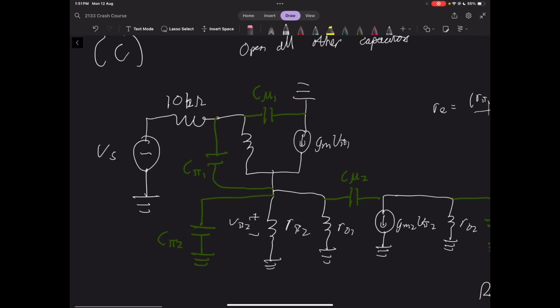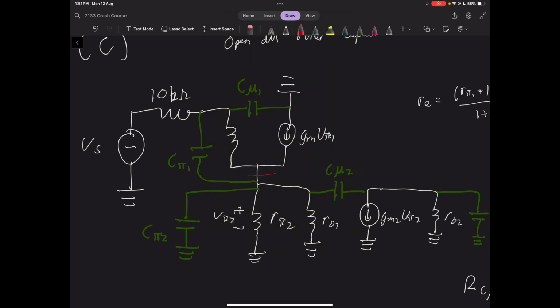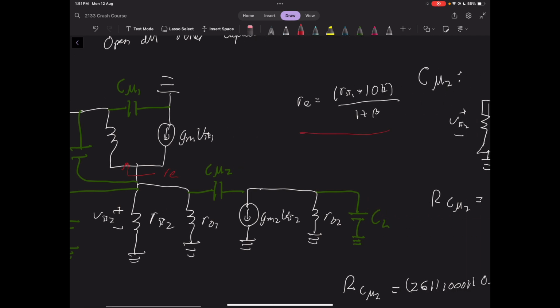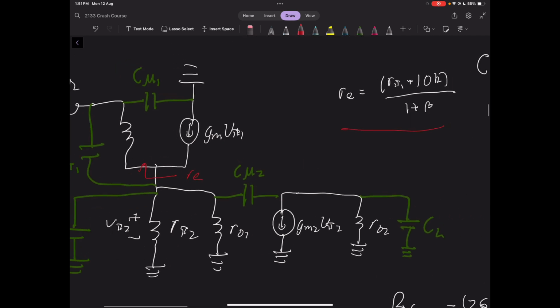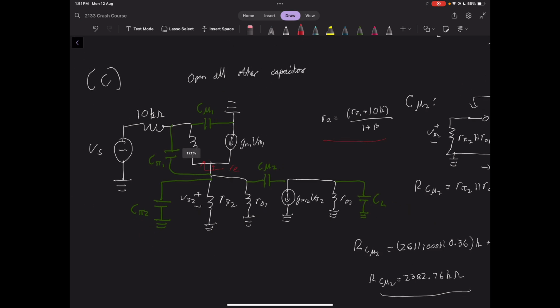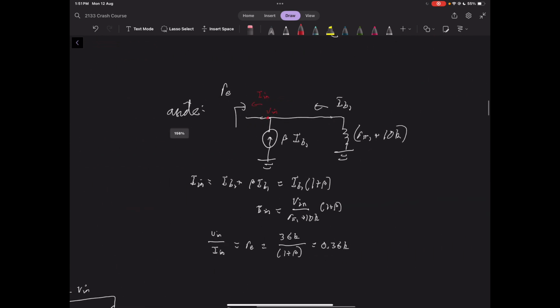One quick thing to note is I made a useful simplification where I found RE. Now, this is the value of RE, and I'll show you the working out for that, but this is the same as what we were doing before, finding the equivalent resistance. This is the equivalent resistance looking into the emitter of this first transistor. So this is the working out here for RE.